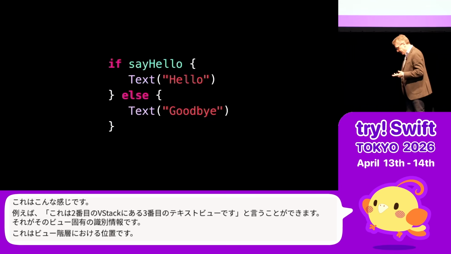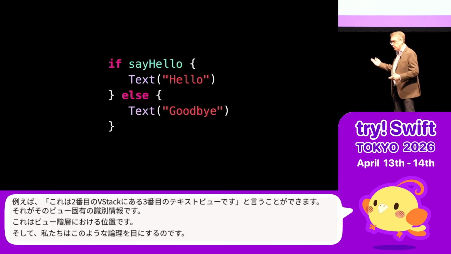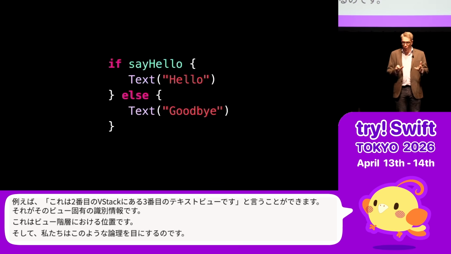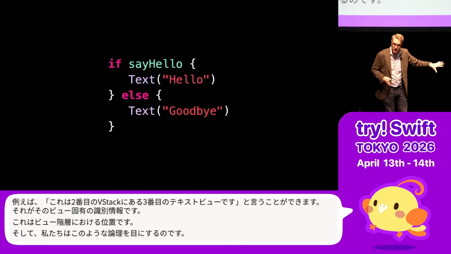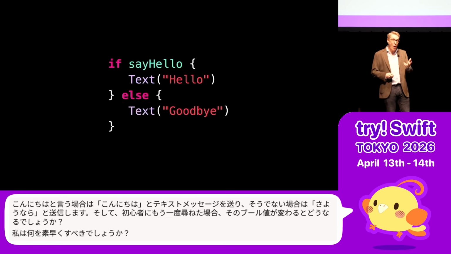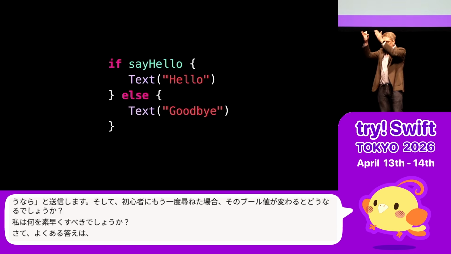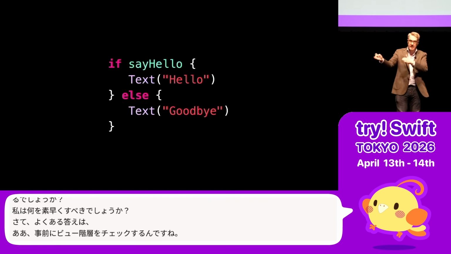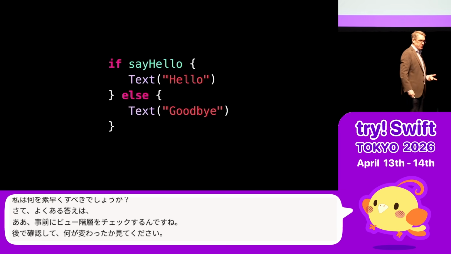And so we see logic like this: if say hello, text hello, otherwise goodbye. If I ask a beginner, what happens when that Boolean changes? What does SwiftUI do? A common answer is, it's going to check the view hierarchy beforehand, check it afterwards, and see what's changed. That never happens.